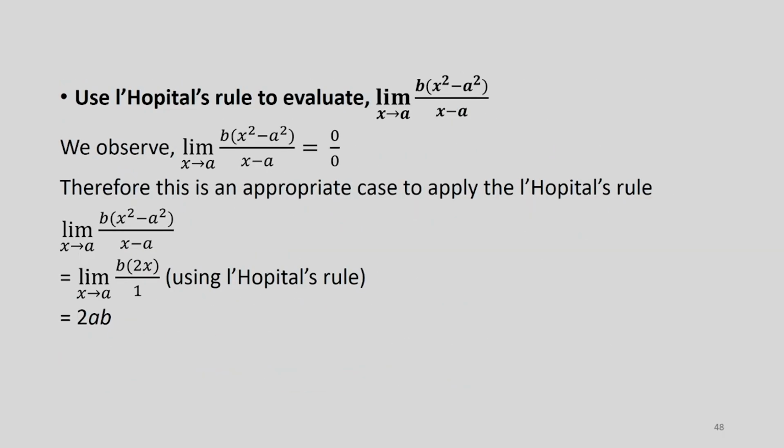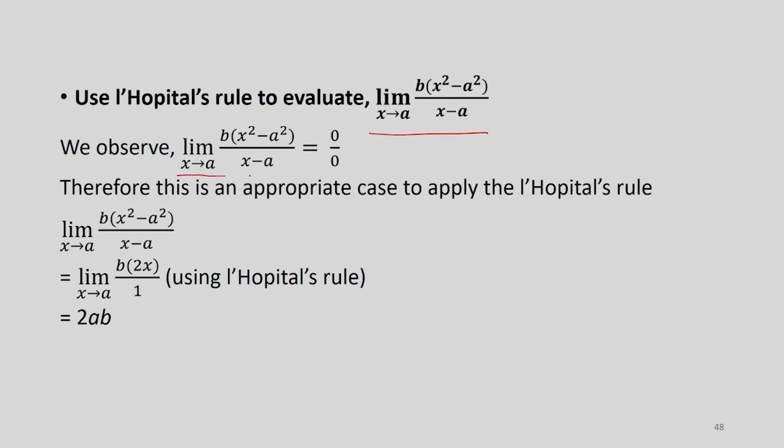Now, we come to another question. This is related to the L'Hopital's rule of differentiation. Use L'Hopital's rule to evaluate this. Limit x goes to a and the function is b multiplied by x square minus a square divided by x minus a.